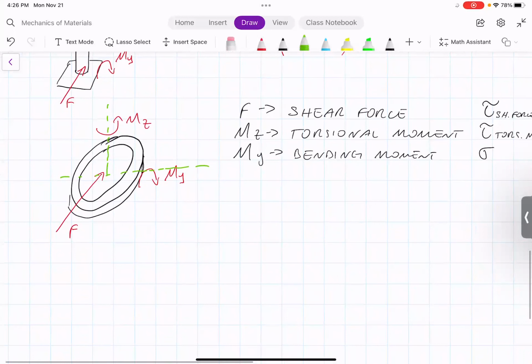Point A is located here. This is point A, and point B is located here.